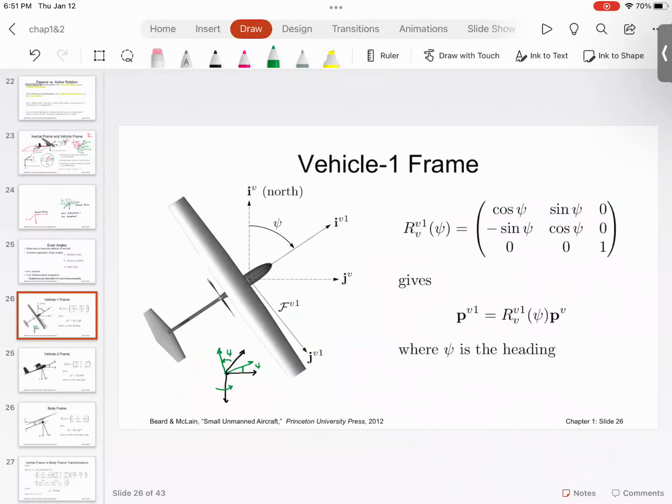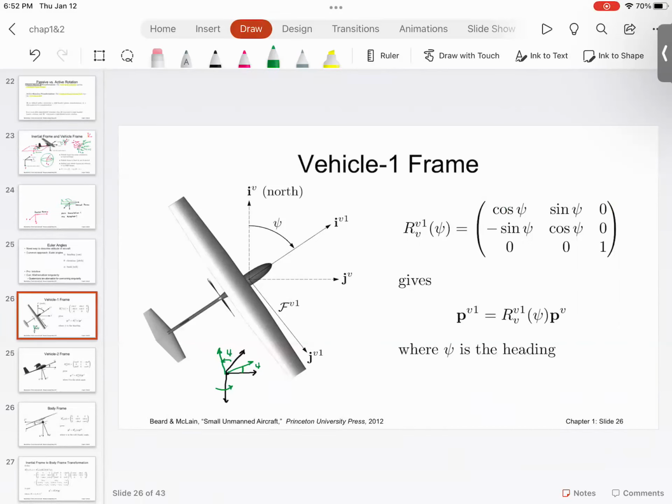The only difference is, I want you to understand this, there are two frames, which is very important because there is an issue with the sign, and I want to be absolutely clear and explain what that is. We have an old frame and a new frame. Which is my old frame? The old frame is the vehicle frame, before the aircraft yaws. What is my new frame? My new frame is vehicle one.